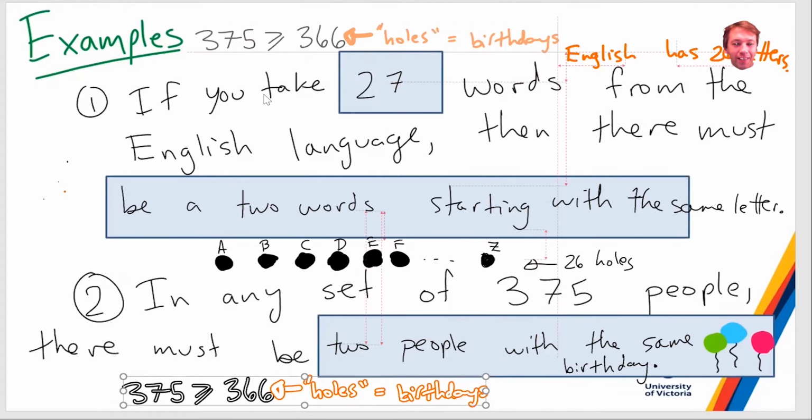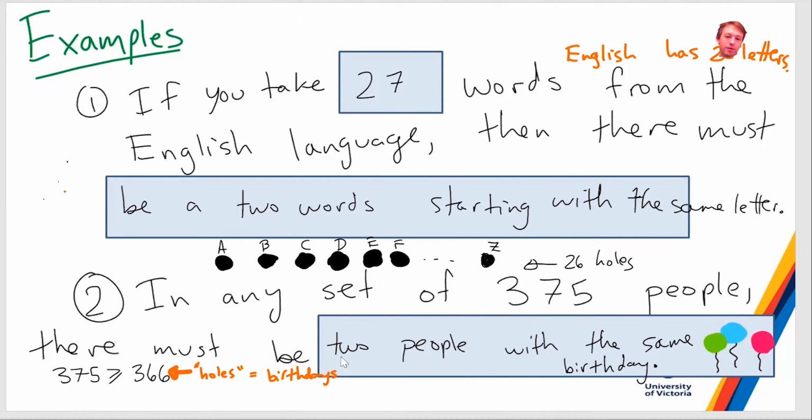But the point is, if you count leap years, there's only 366 possible birthdays. There's 375 people, which is bigger. It seems possibly, depending on how your computer does zoom, or the dimensions of your screen, maybe you won't be able to see the bottom. I'll try to keep things away from the bottom going forward.